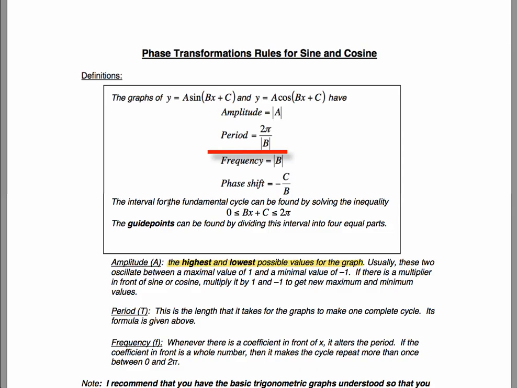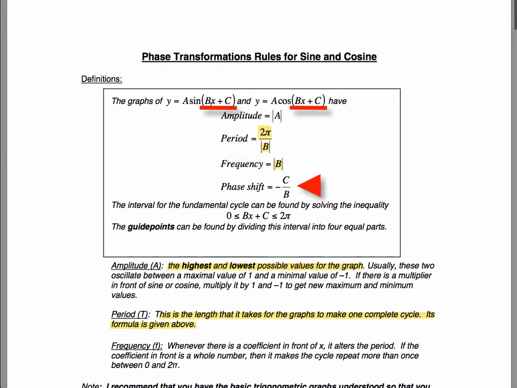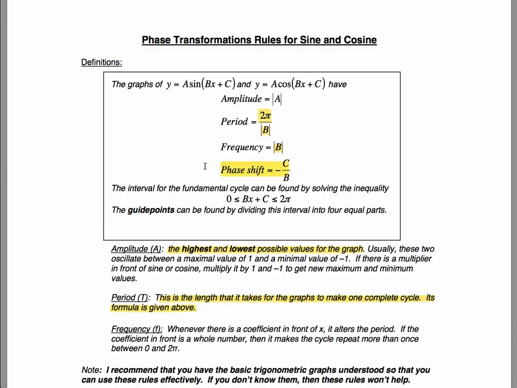So, the period, again, is the length it takes for the graph to make one complete cycle. And here's the formula that I just went over. And you'll note that it has a frequency in the denominator. Now, if you set this equal to 0, the bx plus c, it'll give you the phase shift left and right. All right? So that's the basic vocabulary.